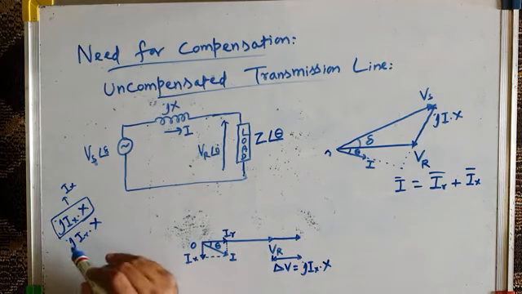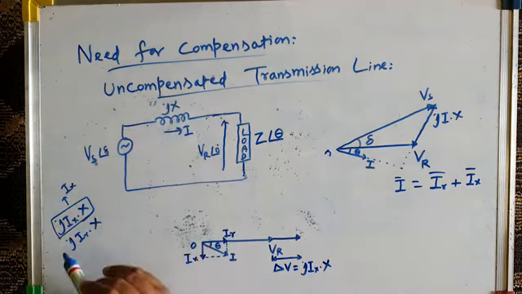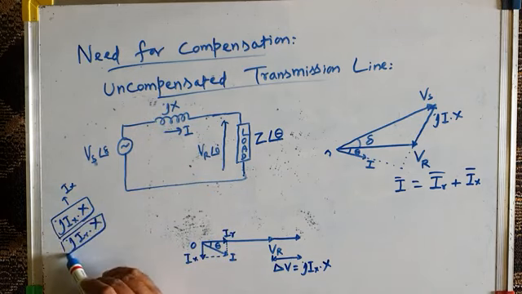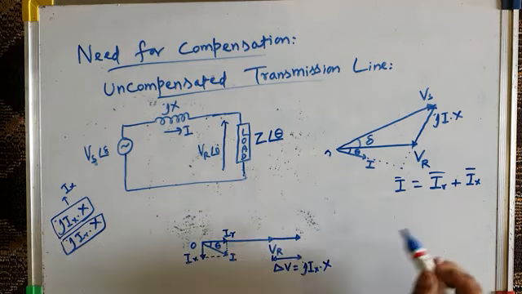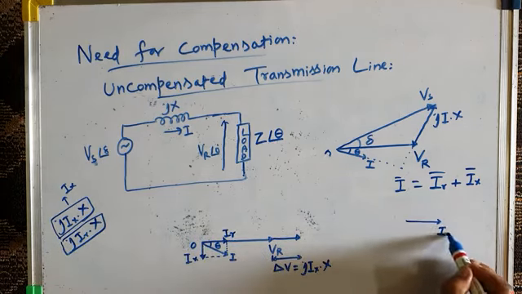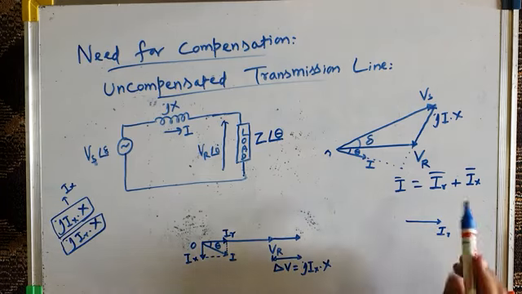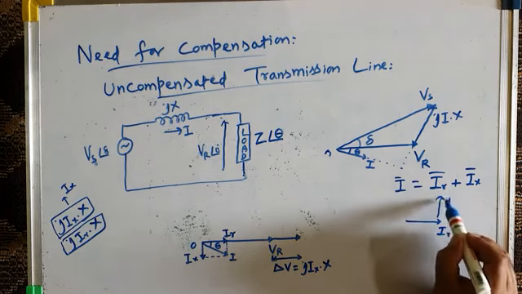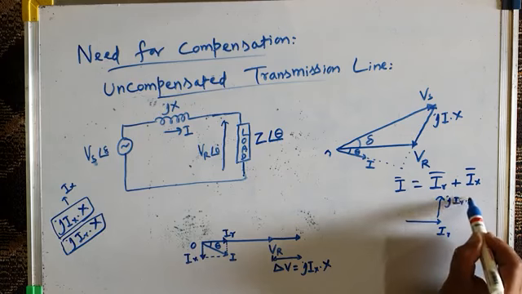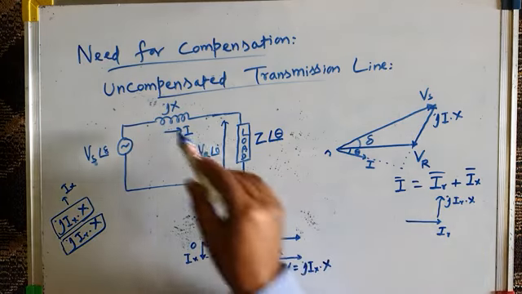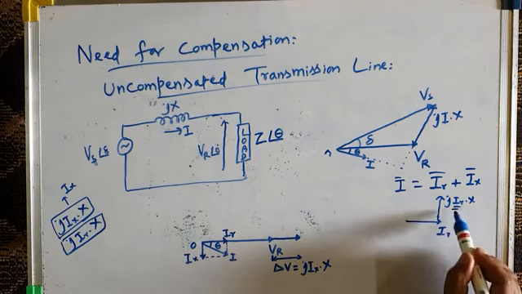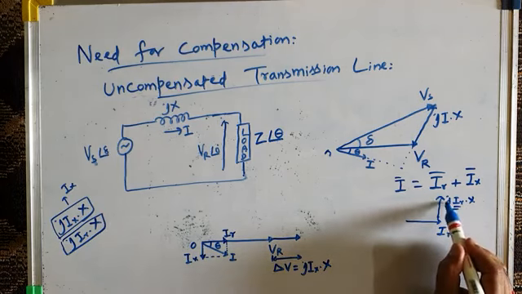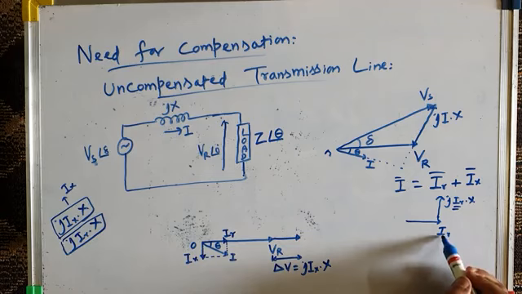Okay, now there is another drop in this transmission line reactance, which is because of the resistive component of current, or in-phase component of current, IR. Where is IR? IR is here. See, for example, if this is your IR, where will be the resistive voltage drop? The voltage drop will be JIR into X. I mean the reactive drop across the transmission line, which is because of the resistive component of current, JIR into X. This voltage drop will also lead the current by 90 degrees.